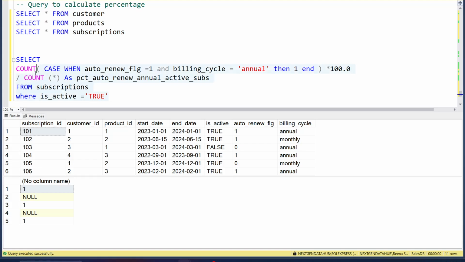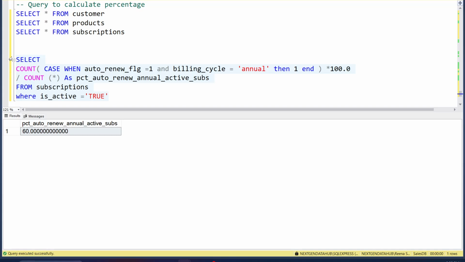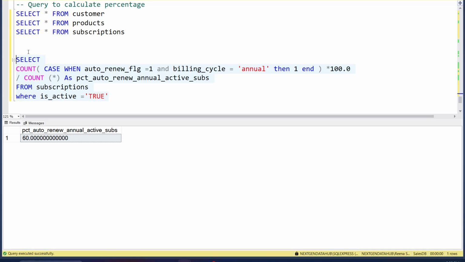Okay. Yeah, you can see here, now this gives us 60%. Now we know how much our ARR is, which stands for annual recurring revenue.